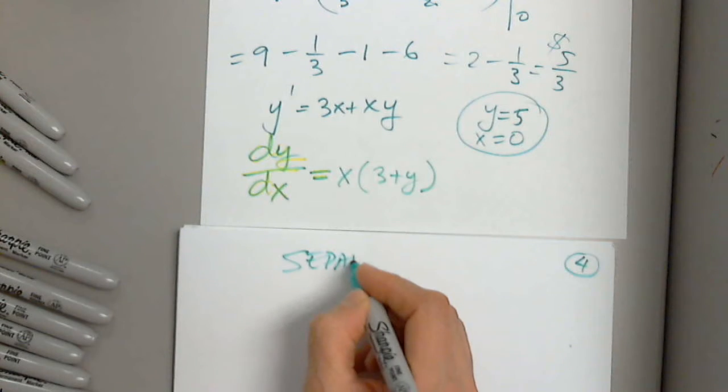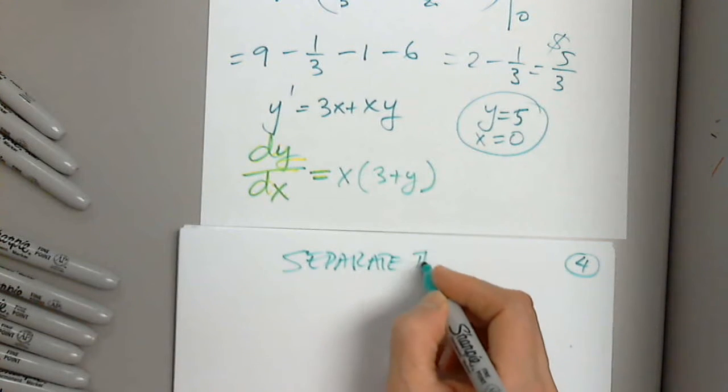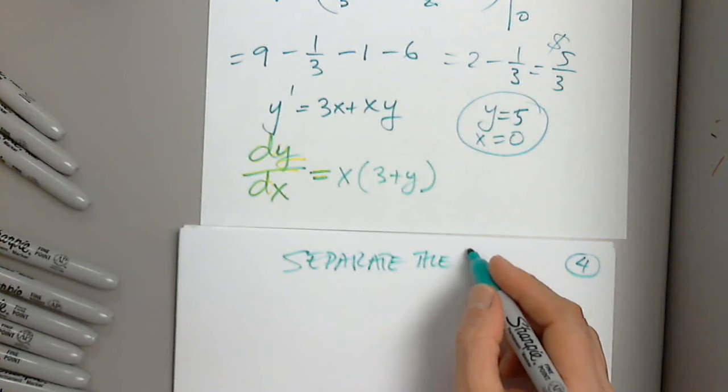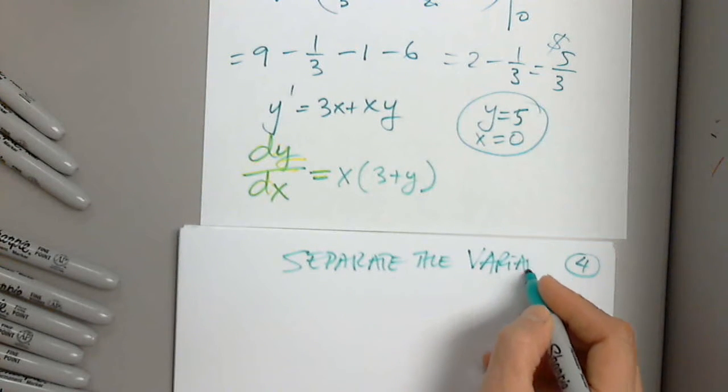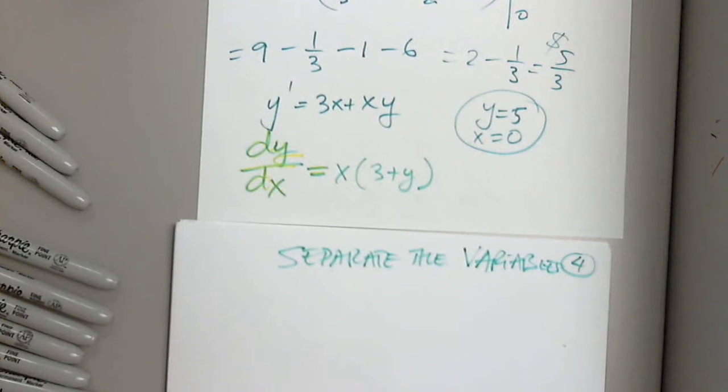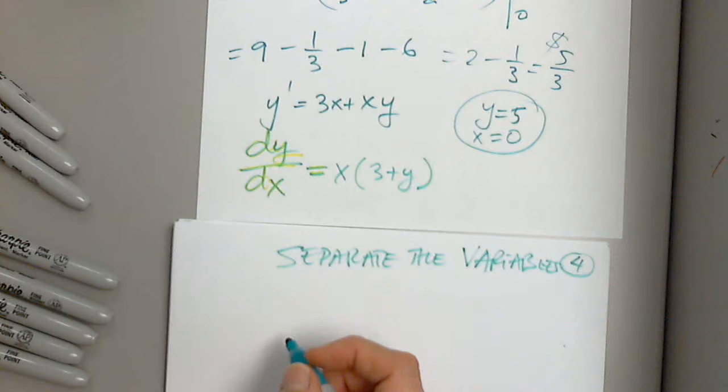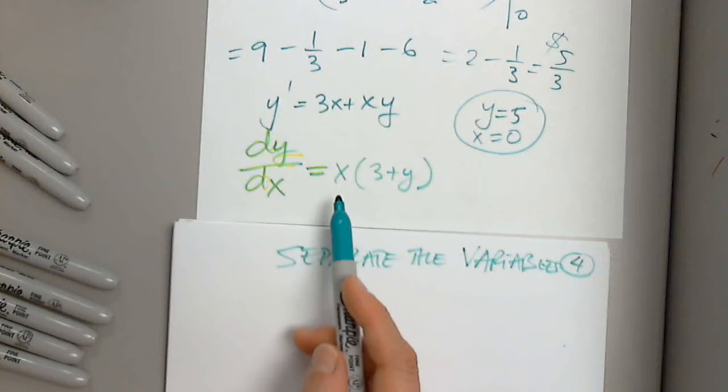It's a differential equation. I want to solve for y. So what should I do? Separate the variables. Very good. So how do I do that? When you subtract 3 and you divide by x, right?